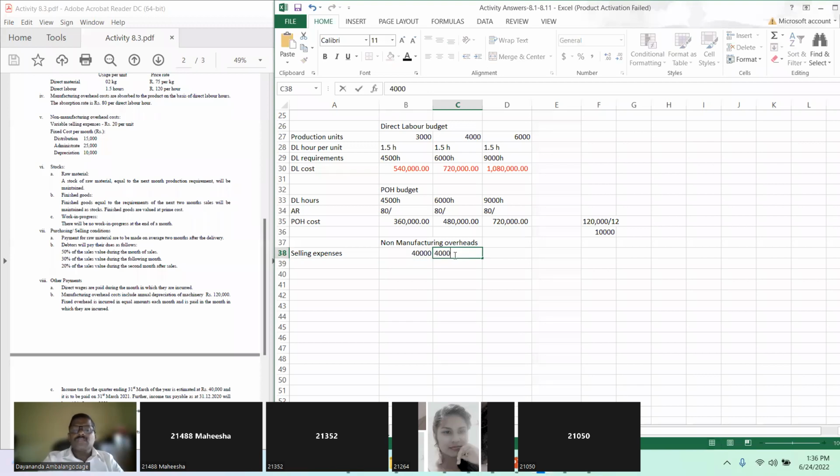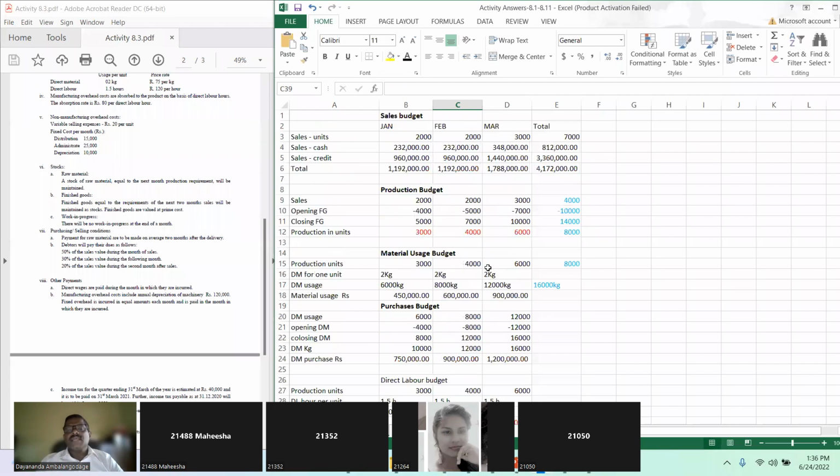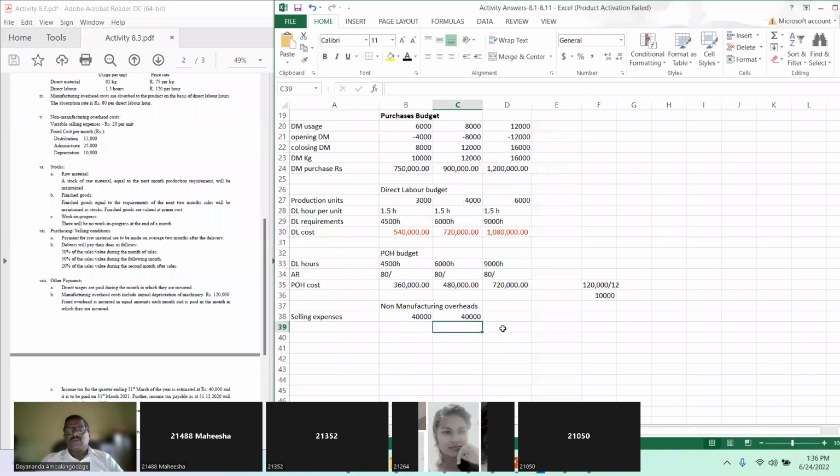Here also 40,000. And 3,000 sales units into 20 rupees is 60,000, which is your selling expense.